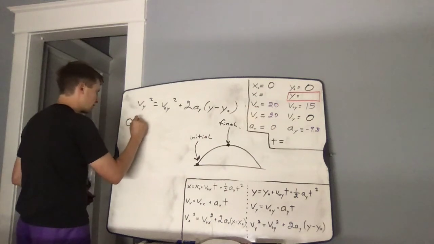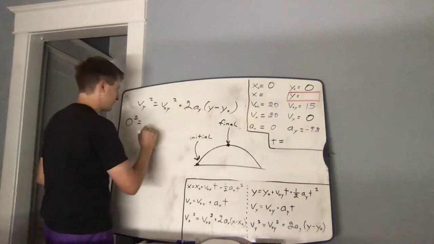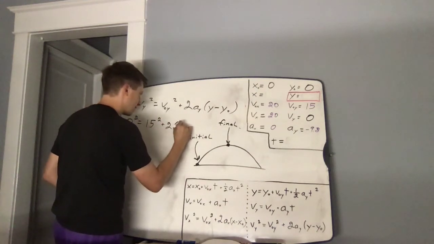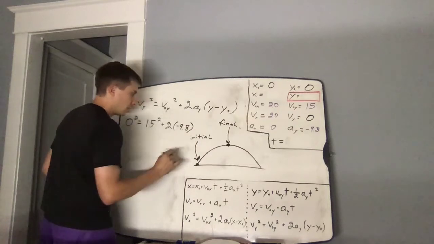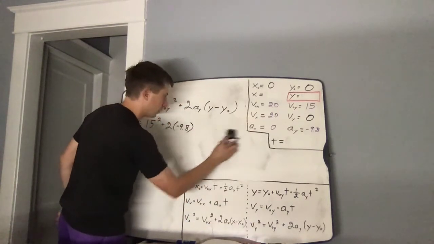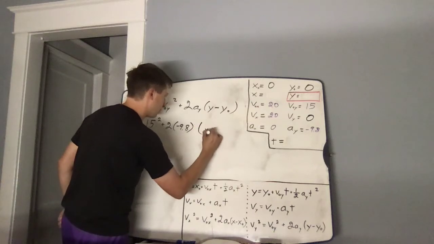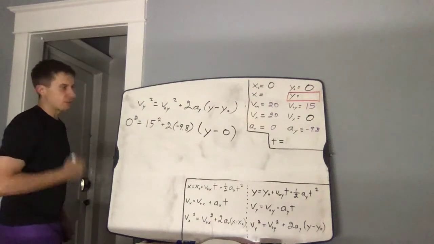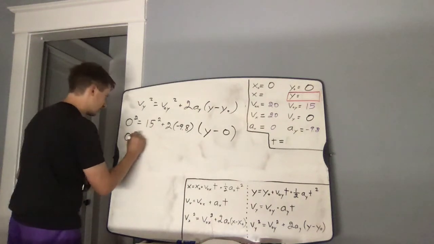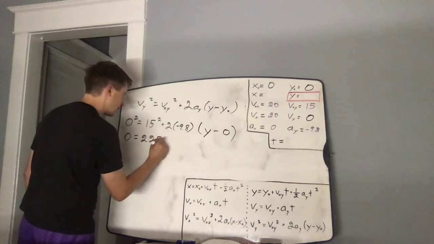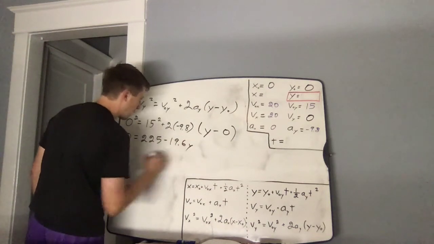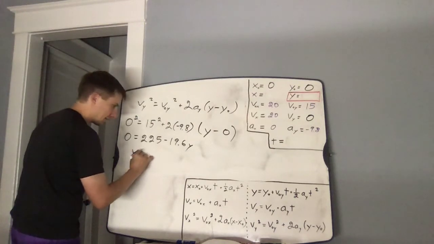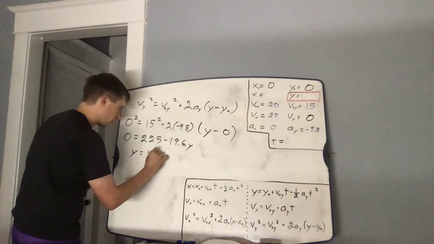So 0 squared is equal to 15 squared plus 2 times negative 9.8 times (y final minus y initial). So at this point, I have numbers everywhere. I could just go ahead and solve. So I get 0 is equal to 225 minus 19.6y. And if I solve that through, I get y is equal to 11.48 meters.